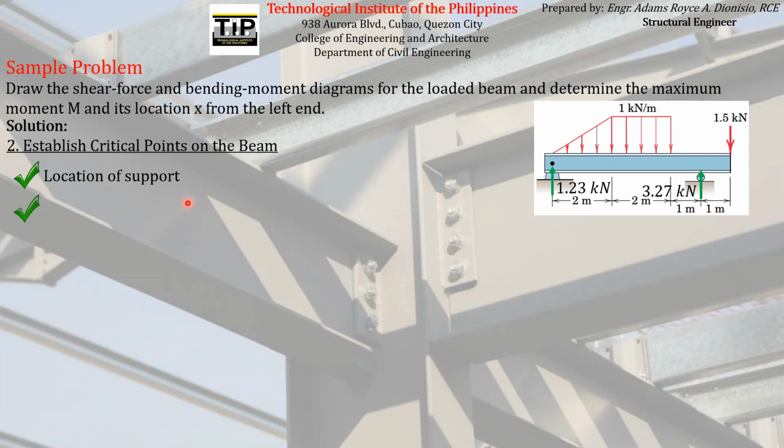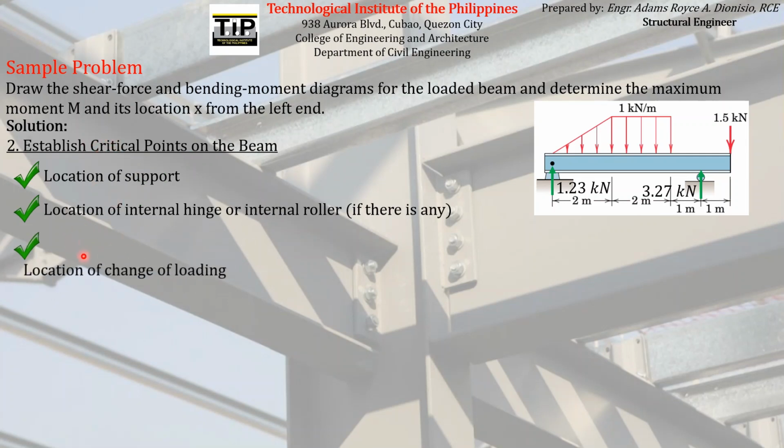Another thing that can be assumed a critical point is the location of internal hinge or internal roller if there is any. And according to our figure, there is no internal hinge nor internal roller. Another point that we can assume as critical is the location of change of loading.